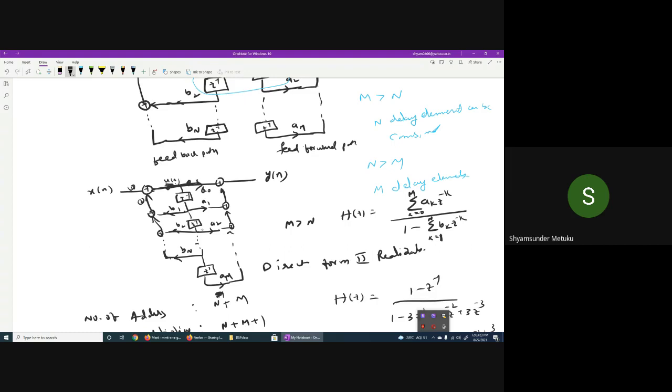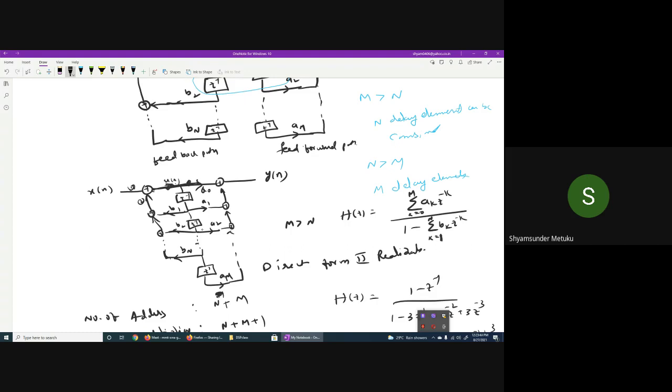sign negative or positive? Negative. But what we are multiplying in the structure? Positives, isn't it? So for the denominator coefficient, whatever sign is available, exactly the opposite sign, and that value must be multiplied, isn't it?